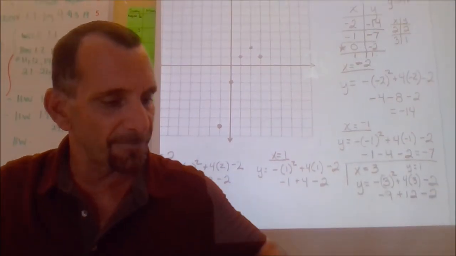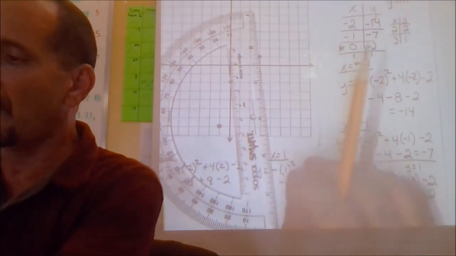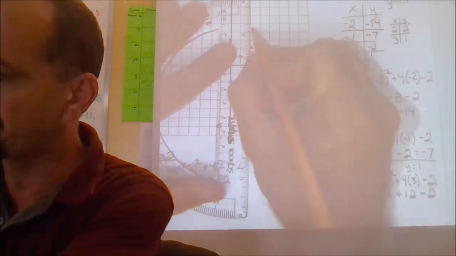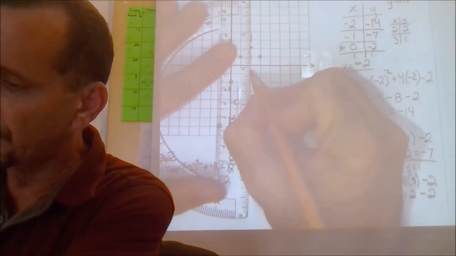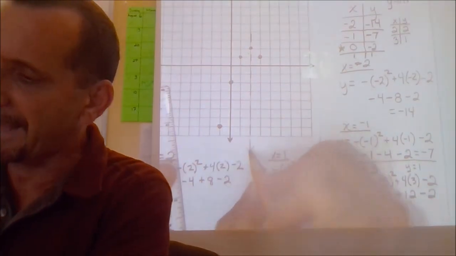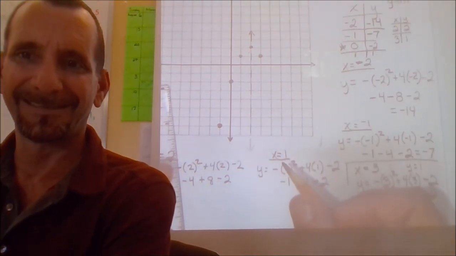We're going to finish off the parabola, and we're going to do what we did in class. I'm going to draw a vertical line, and I'm going to make it dotted. And that is your axis of symmetry.